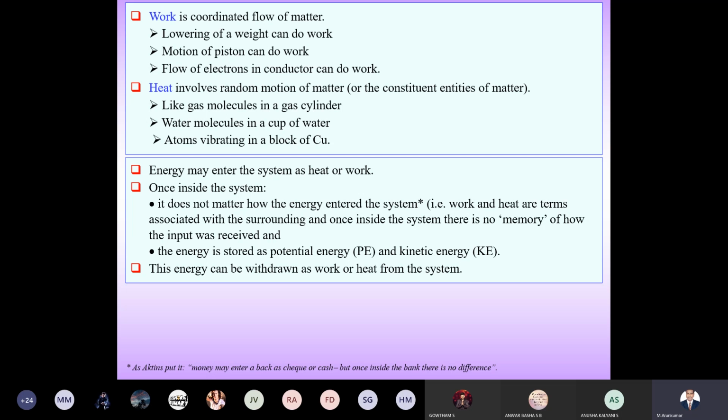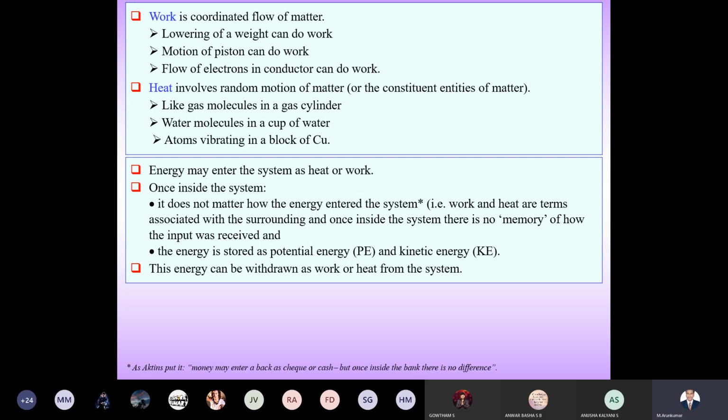So there is, let's say, potential energy and kinetic energy. Due to the motion, there will be kinetic energy. Due to the acceleration due to gravity, there is some potential energy. Right, so both together, kinetic energy and potential energy, will give you the whole energy E. So this energy can be withdrawn as work or heat from the system.